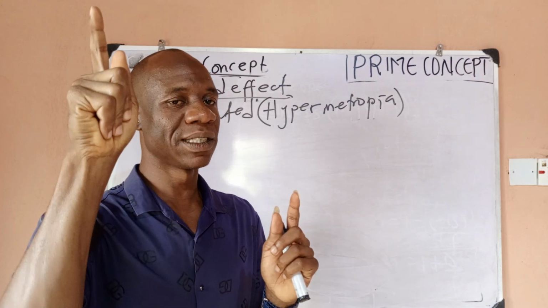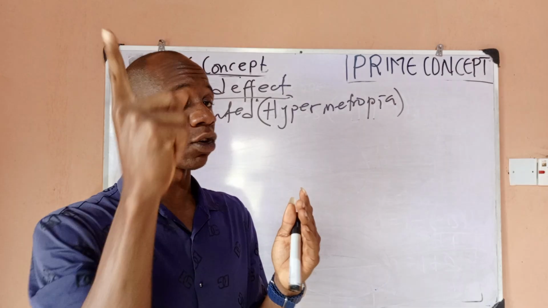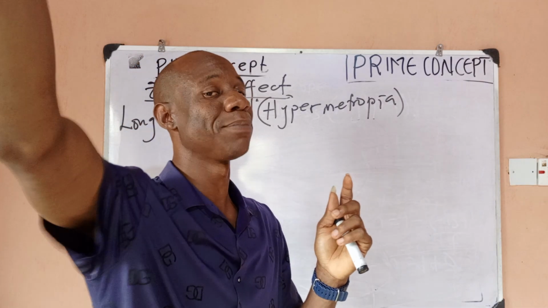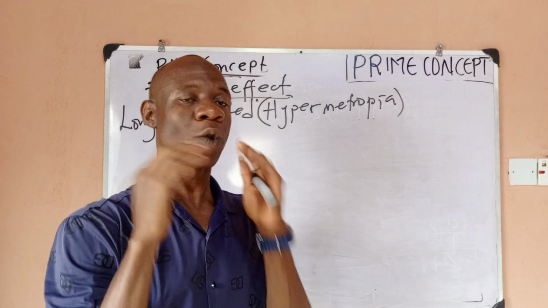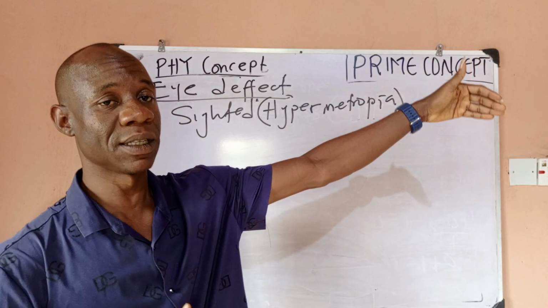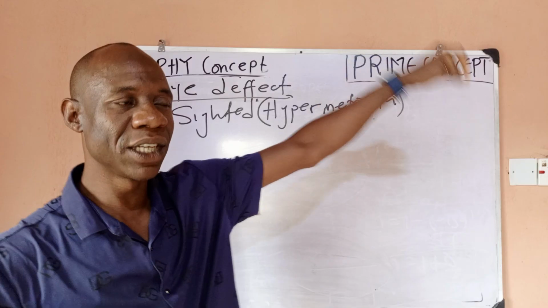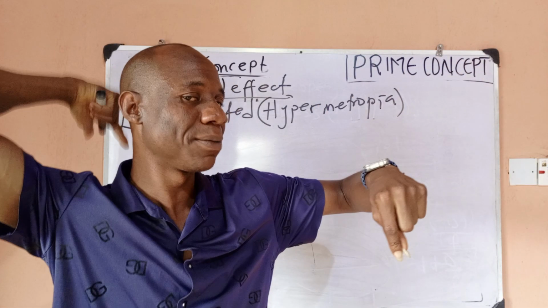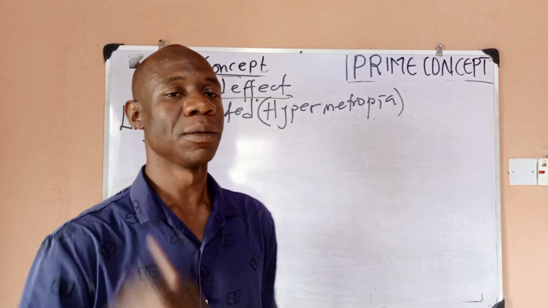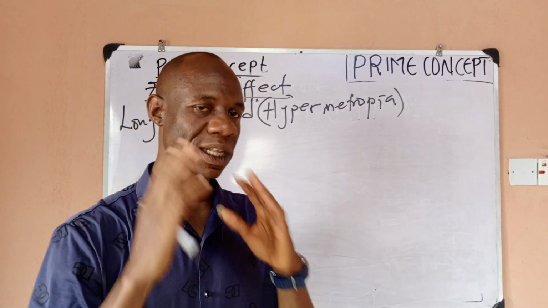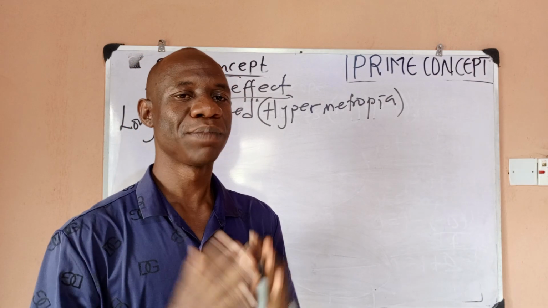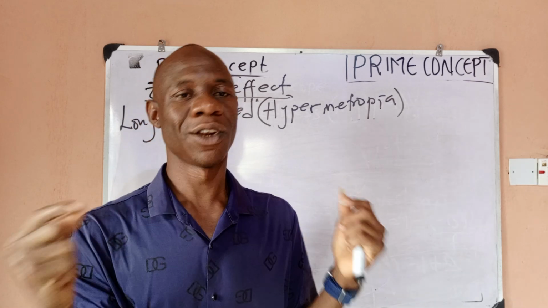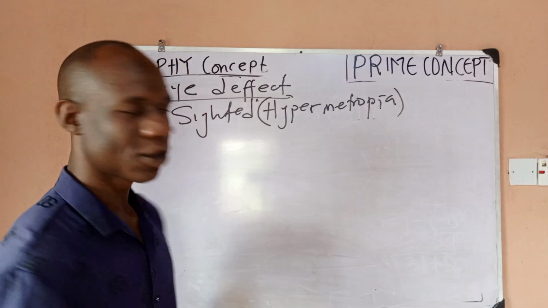If the focal length is long and the eyeball is small, the focal point would be somewhere at the back of the eye. So when that person is trying to view something that is close, the image, instead of being formed on the retina, would be formed behind the retina where the focal point actually lies. So that is the condition: the eyeball being too short and the focal length of the eye lens being too long. That is what causes long-sightedness.